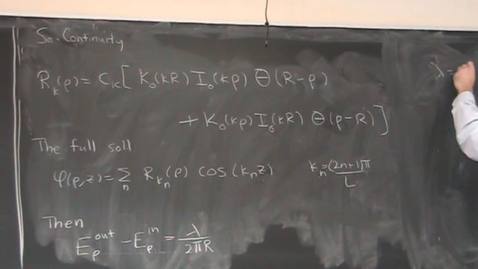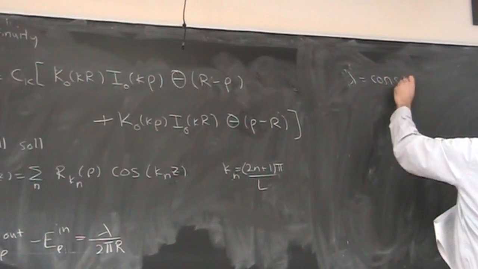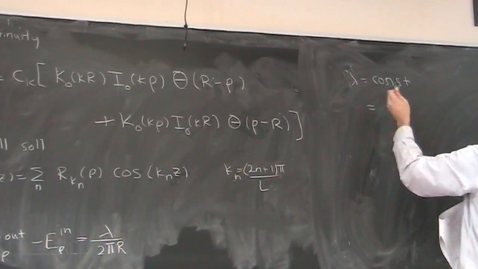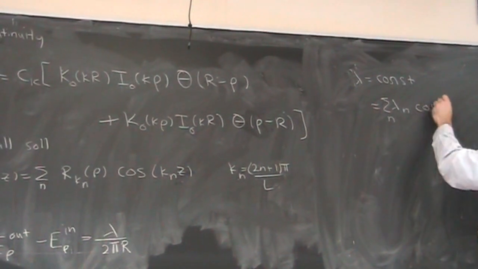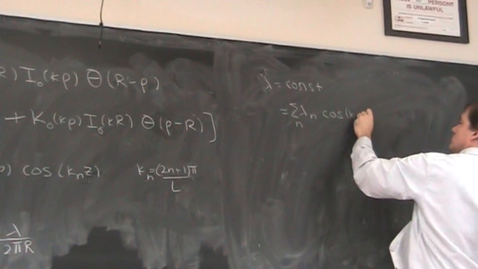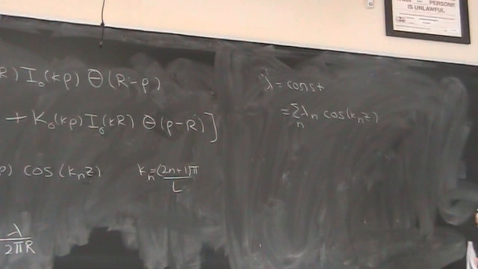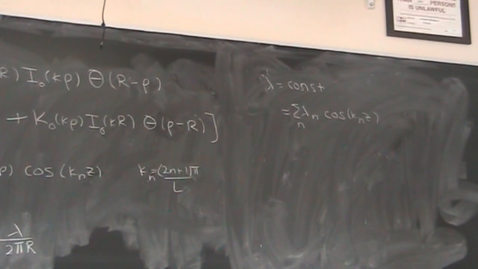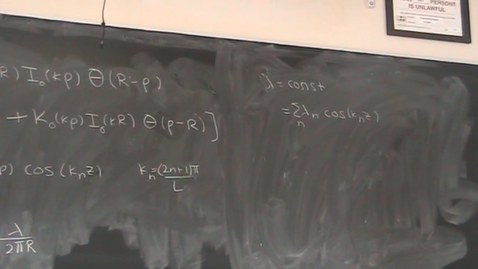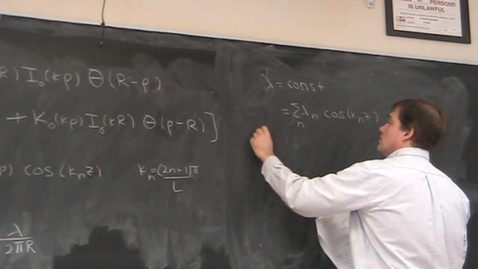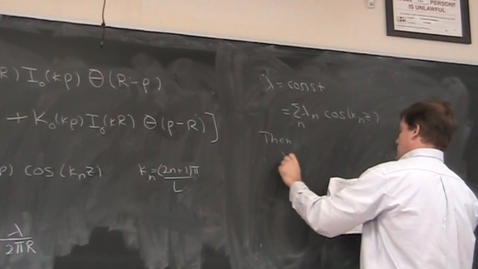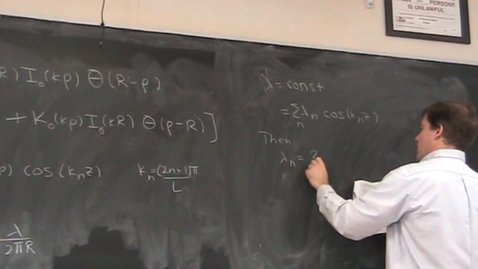Let me write it as a sum over n, lambda n cosine kn. Because our solution is expanded in these harmonics, or these eigenfunctions, we should also expand the source in the same harmonic eigenfunctions.